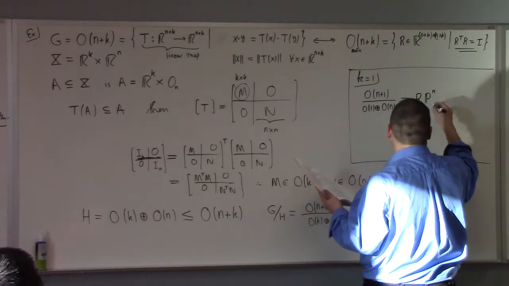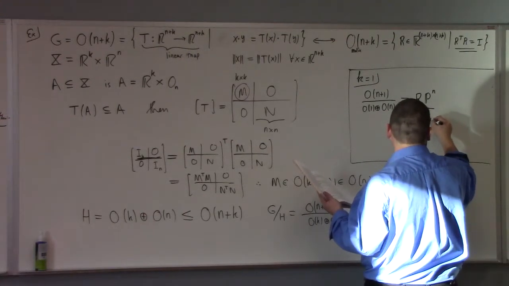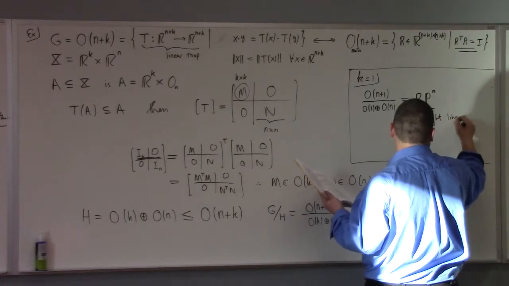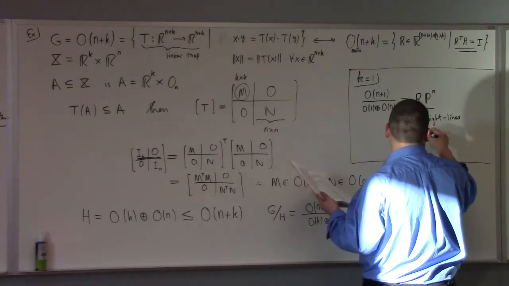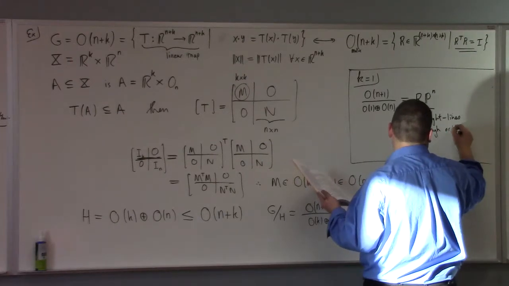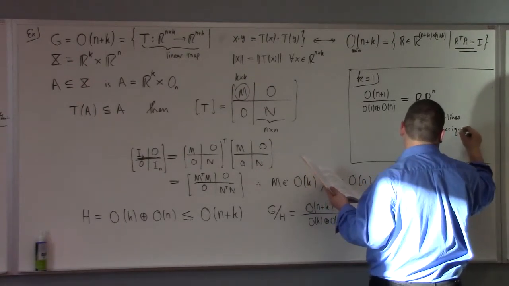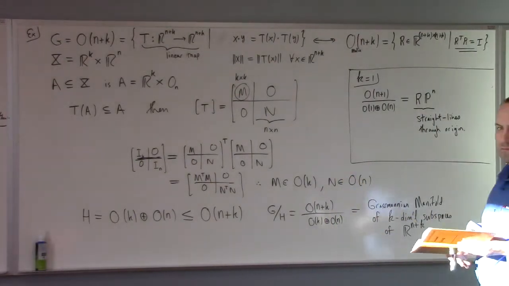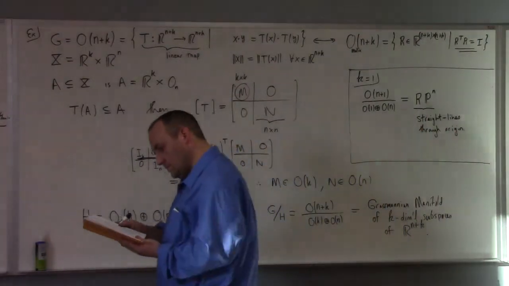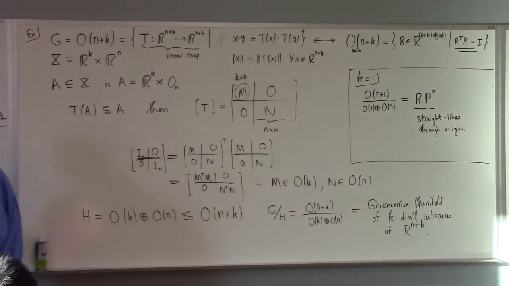So straight lines through the origin. Does this make sense?